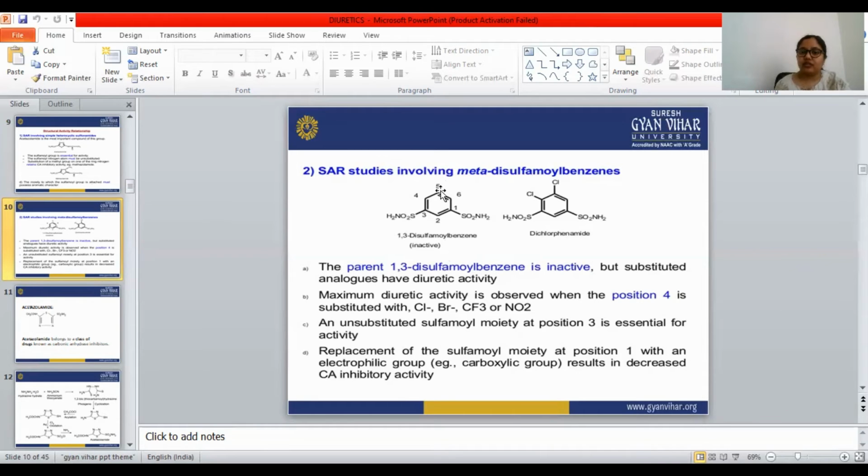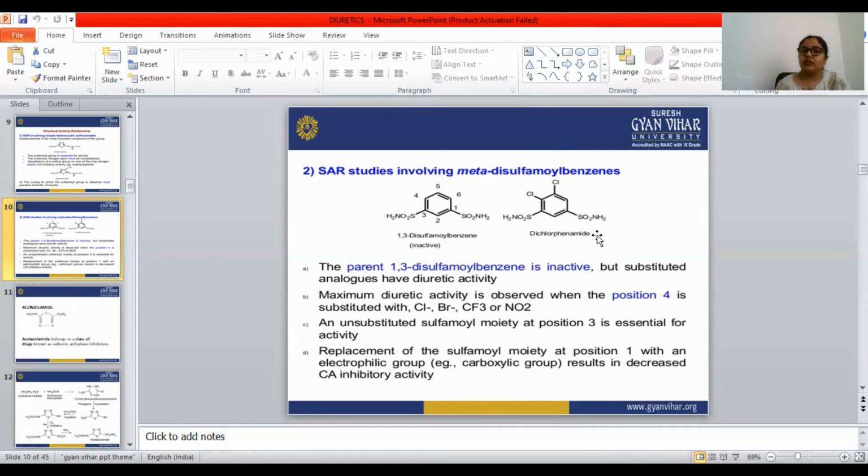When we substitute a chloride or bromide group at the 5th or 4th position, that increases the diuretic activity. One example of these drugs after substitution: the disulfamyl benzene is substituted with two chloride groups at the 5th and 4th positions.